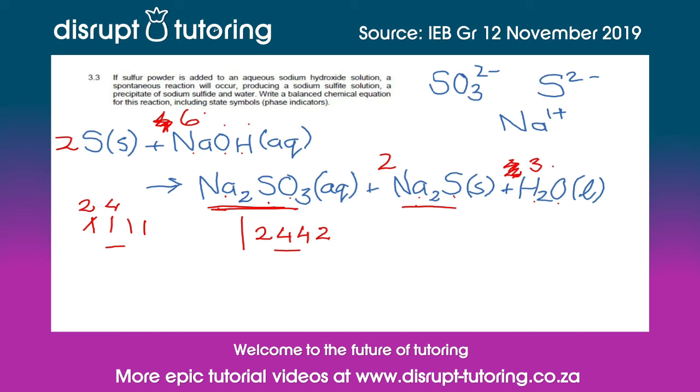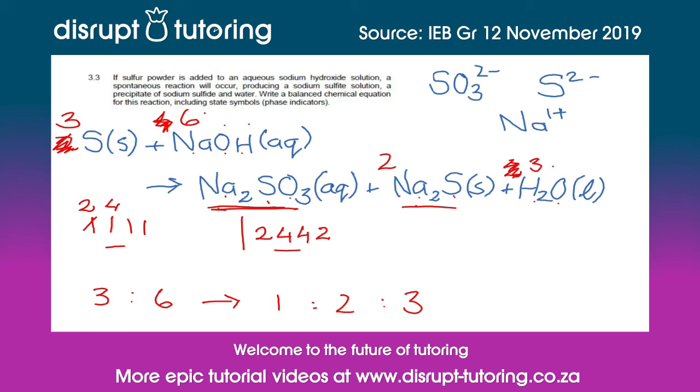And then we have 2 sulfur in this term, and then also 1 sulfur in this term, which we can balance on the left-hand side of the equation by putting a 3 in front of the sulfur. So for our reactants, we have a mole ratio of 3 to 6, and then for the products, we have a mole ratio of 1 to 2 to 3.